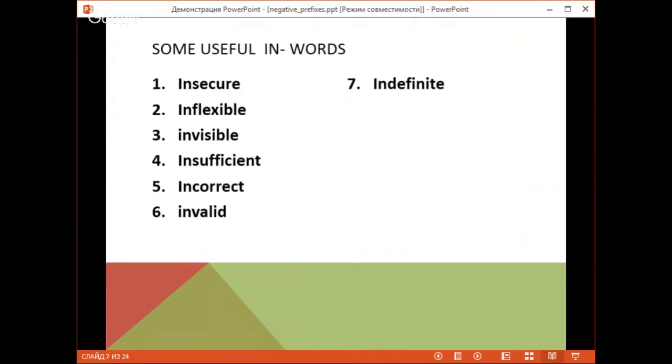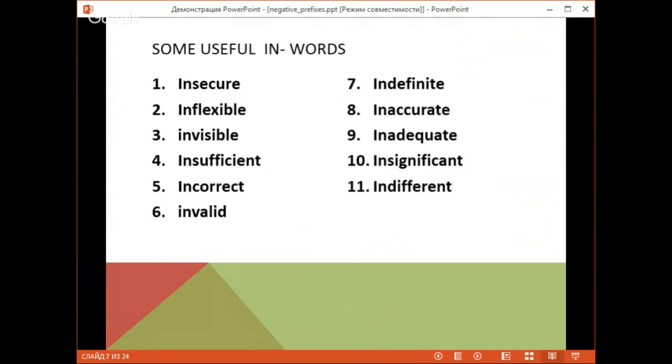Indefinite, inaccurate, inadequate, insignificant, when something is unimportant. Indifferent, when you don't care profoundly. And independent, that is the issue that we're all concerned about.